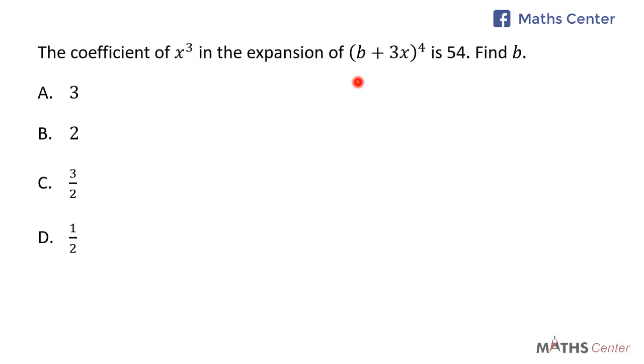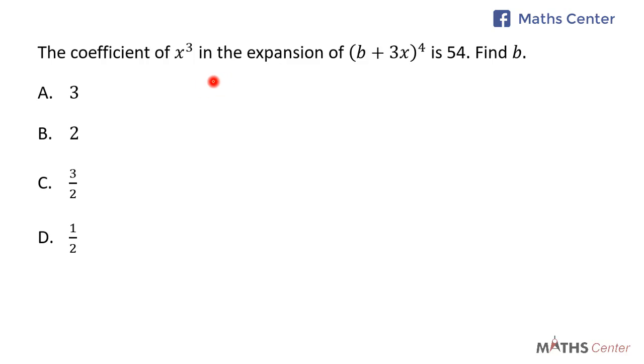The question says that when we expand the binomial expression b plus 3x exponent 4, the term that has x exponent 3 or x cubed, its coefficient is 54. We are going to use this information to find the value of b. So here what we will do is that we will first find the term that has x exponent 3.